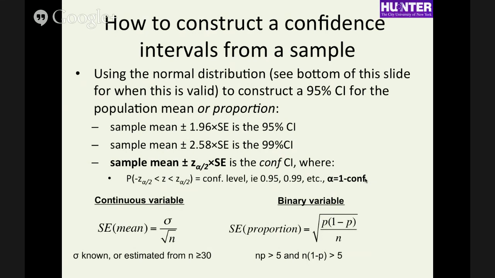So the margin of error is half of the range. So the confidence interval goes from the point estimate minus the margin of error to the point estimate plus the margin of error. Let's see, is there a picture of that soon?